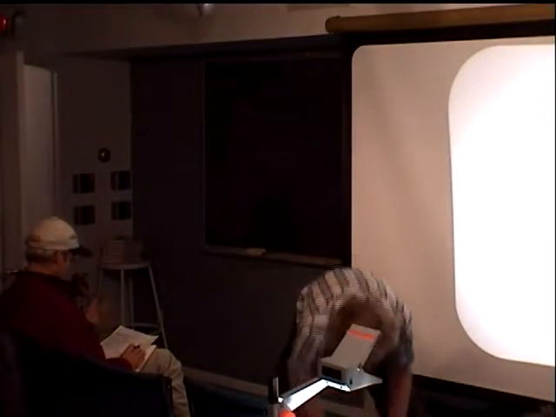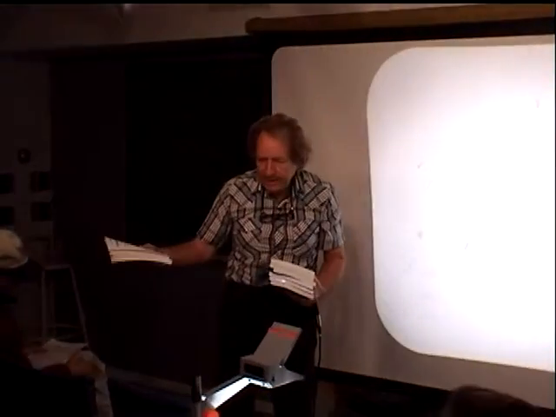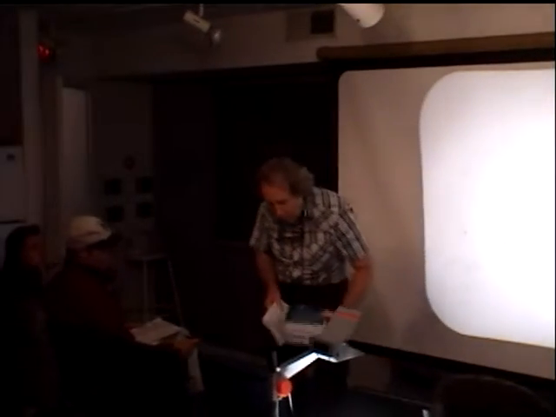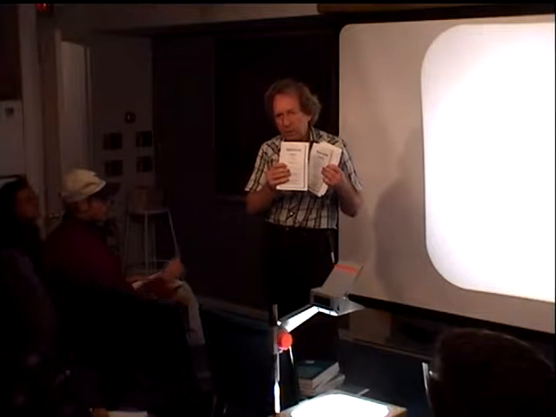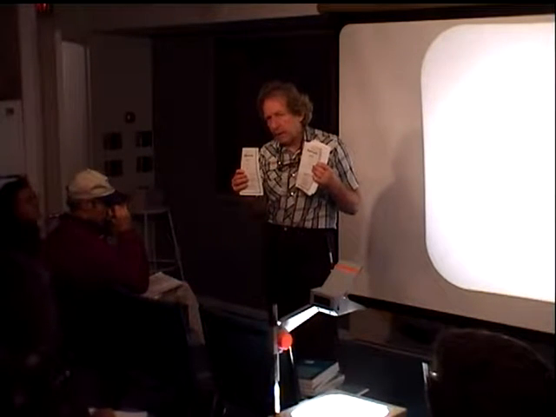Now I'm going to pass these out, and these are just for samples, but you can have them if you like. You need 2 books in order to cast a horoscope. This is an ephemeris. You need an ephemeris for every year for which you're going to cast a horoscope.